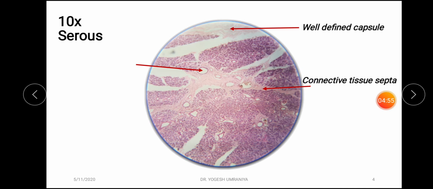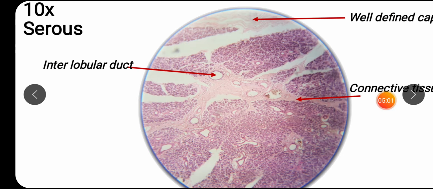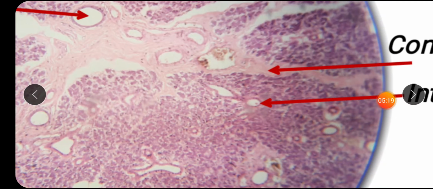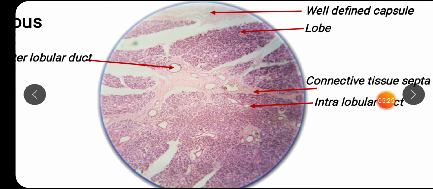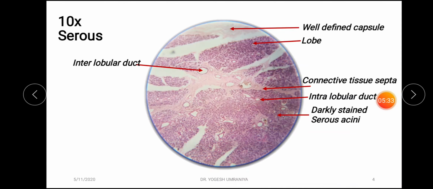Within this connective tissue septa you will find this luminal structure representing the interlobular duct. This is again the lobe of the salivary gland. Within the lobe you have a luminal structure that is termed as the intralobular duct, and that is surrounded by the acini, and you can see this is the darkly stained serous acini altogether.